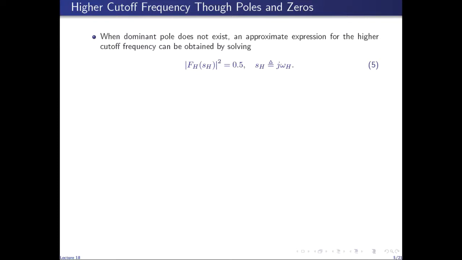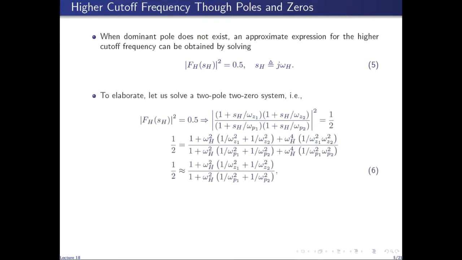In other words, the magnitude square of the gain of the amplifier drops to 50% of the magnitude square of the midband gain of the amplifier. So this means that at the cutoff frequency, the magnitude square of FH must be 0.5. So we can solve this equation, and by doing so, we can estimate the higher cutoff frequency of the amplifier.